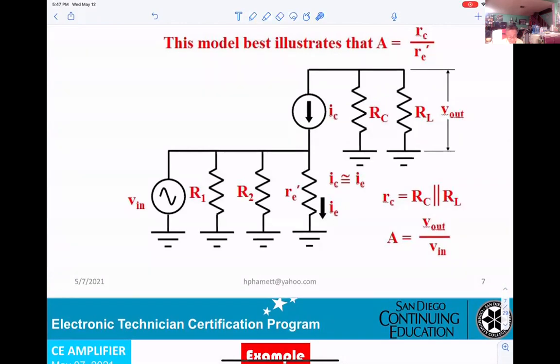Okay, so basically we already have everything done. That means when you're converting into AC, you have R1, R2 in parallel, and also you get the resistor from the base to the emitter, r'e.